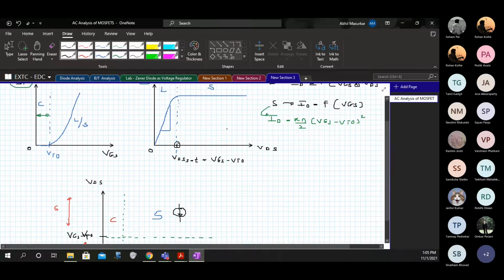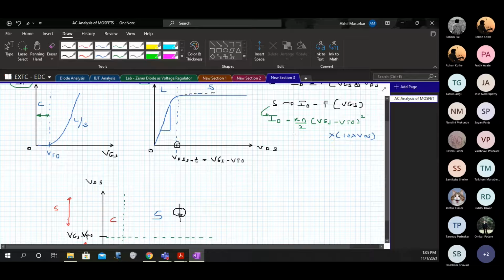But I told you that this is all ideal. What if there is channel length modulation? That means, what if in this saturation equation we have the 1 plus lambda VDS term also?